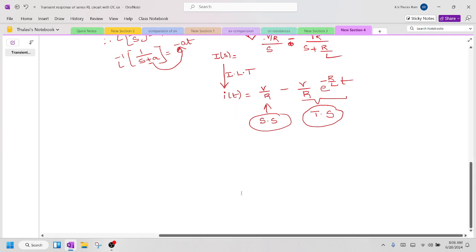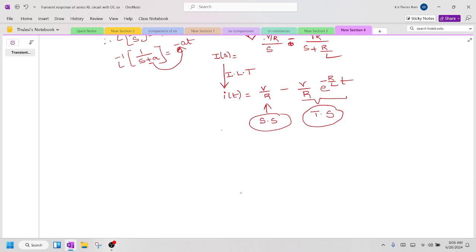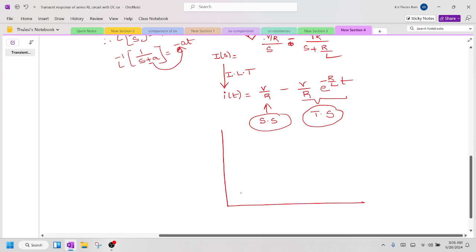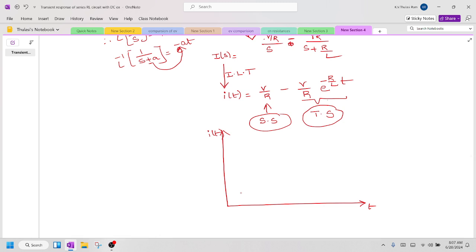When we draw this expression, you can see this curve. This curve is an exponentially rising curve. We are going to get an exponential rise like this, and this value is V by R into e to the power minus R by L into t.